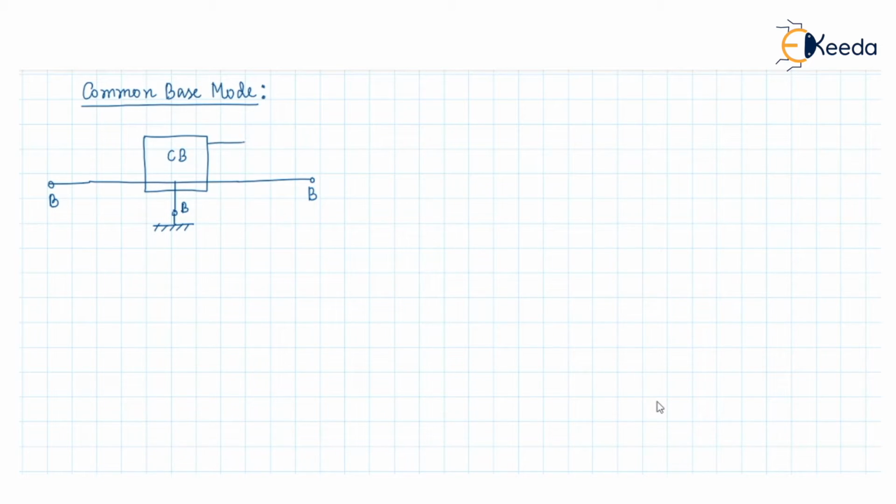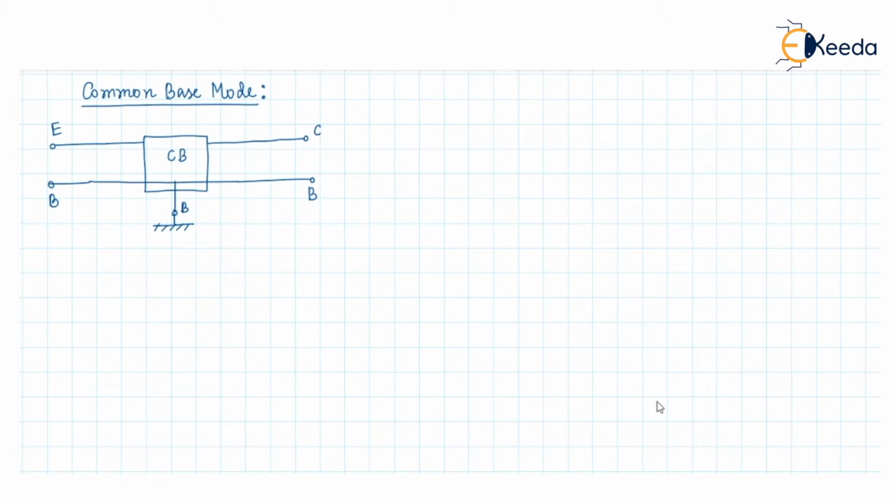So in the output node, we will get the collector terminal, and in the input node, it will be our emitter. So emitter will be at the input port in the common base mode connection, and the collector will be at the output port. Now let us denote the current and the voltage direction.